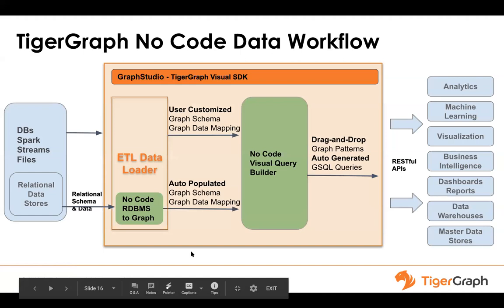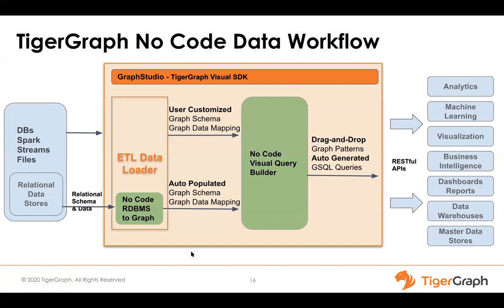Just an overview for this no-code data workflow. If you are a business analyst or data scientist who doesn't want to use that, you can use the no-code RDBMS to graph, and get the auto-generated graph schema.